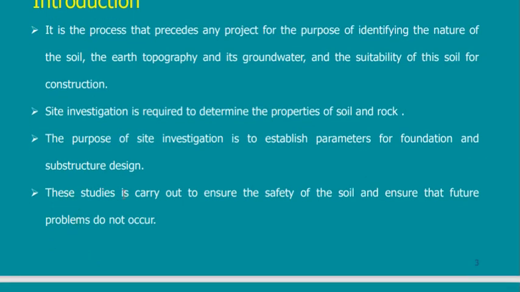This study is carried out to ensure the safety of the soil and to ensure that future problems do not occur. This site investigation, I do it for safety and to ensure that in future I don't have problems with these buildings. You have seen lots of buildings finished.